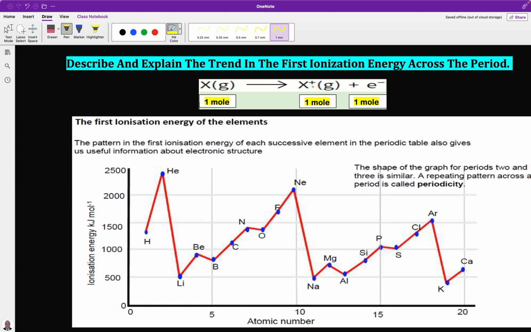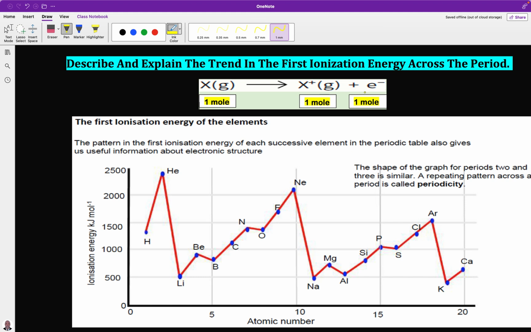Then again, if it was the second ionization energy, you could be asked to define it. You will say the energy required to remove 1 mole of the second electron. Here it will be 2e, not 1e.